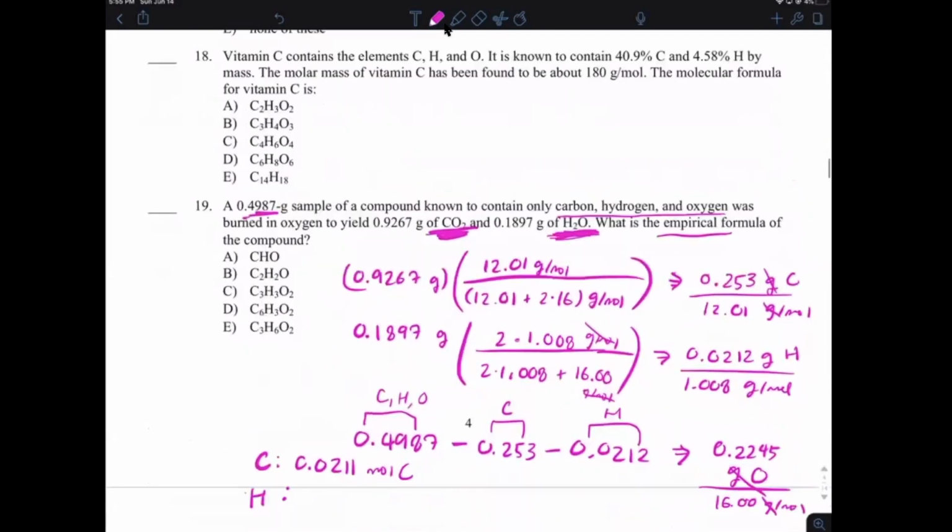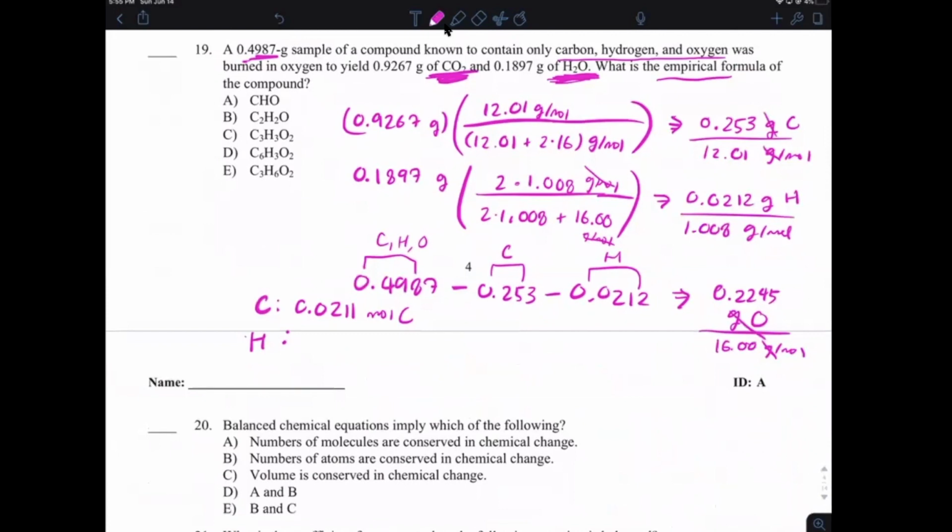Okay, so for hydrogen, we have 0.021-ish. And then for oxygen, we have around 0.014-ish.